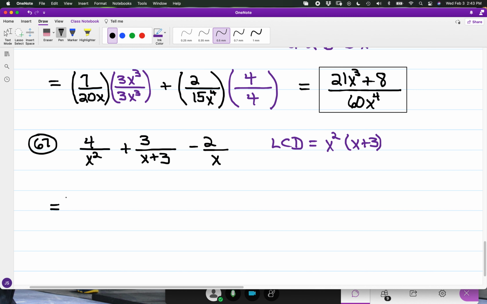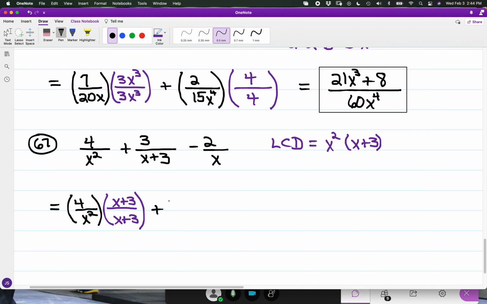Taking what we have among the ratios, we've got 4 over x squared. If I multiply by 1, x squared will go into x squared already, but we still have x plus 3 left over. So you have multiplying by 1 in the form of x plus 3 over itself.